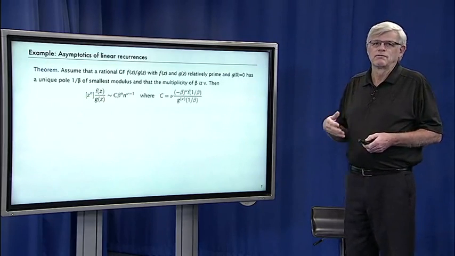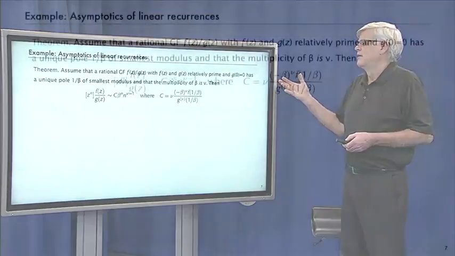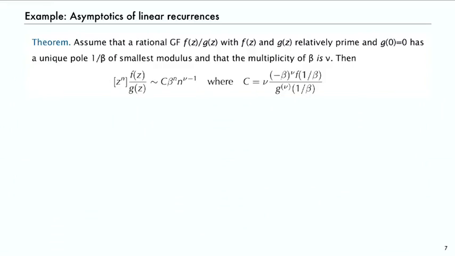So here's an example that we looked at in the second lecture. We came up against a theorem that was going to give us coefficient extraction. This was for solving linear recurrences.